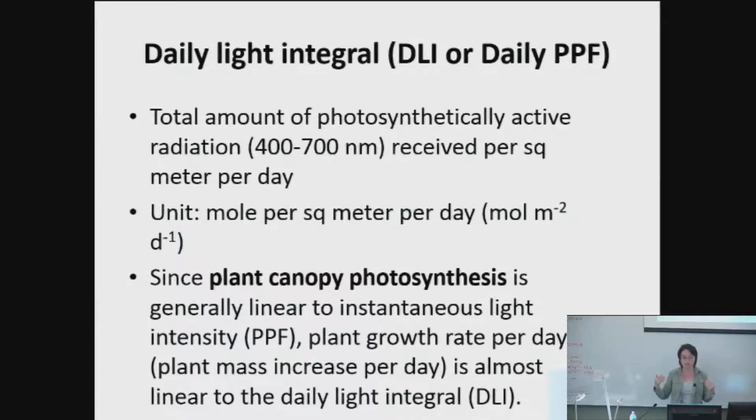In that case, you can get the cumulative value, regardless of the instantaneous light intensity, and express the total amount of light, photon flux, not per second but per day. And that is directly determining the potential growth of the day. Okay?